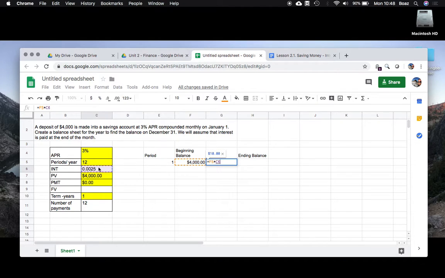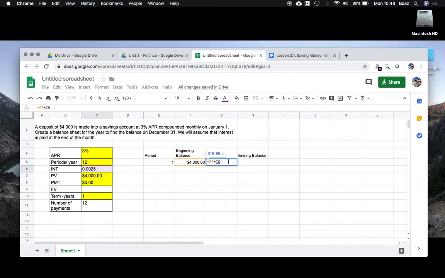Now, as we've seen before, we have to be careful because if I copy down, then this C6, when I copy it down a row, is going to then point to C7. And I don't want to multiply the beginning balance times this big number over here. So I'm going to put dollar signs in this formula.